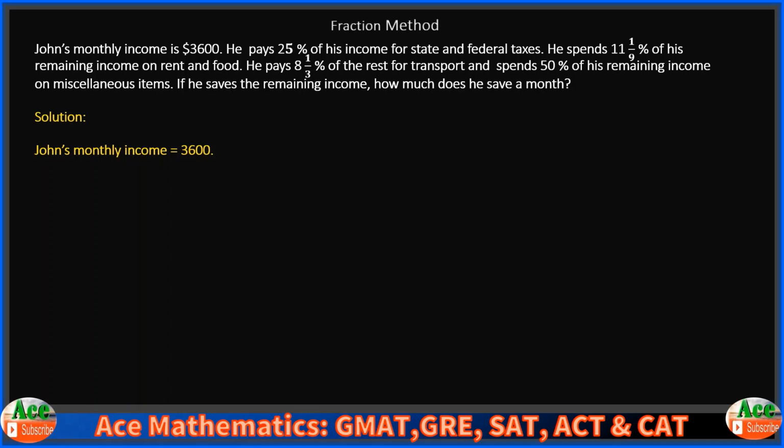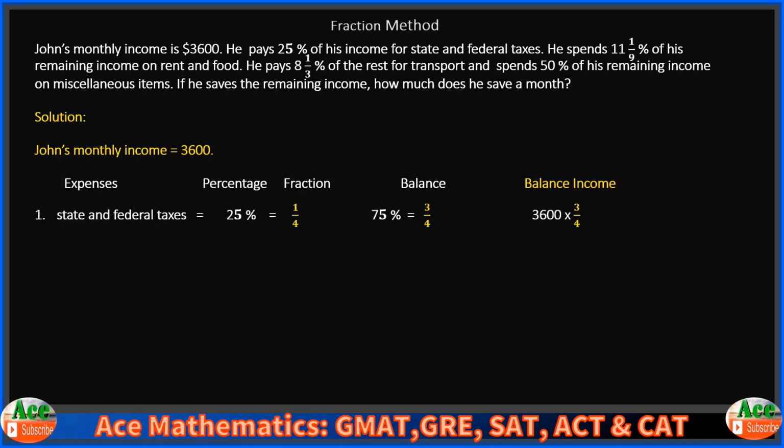Solution. John's monthly income equals 3,600. Expenses. Percentage. Fraction. Balance. Balance income. 1. State and federal taxes equals 25%, or 1/4 of his income.